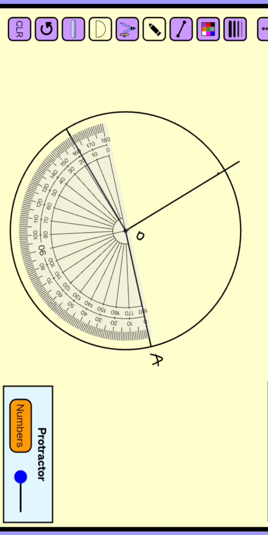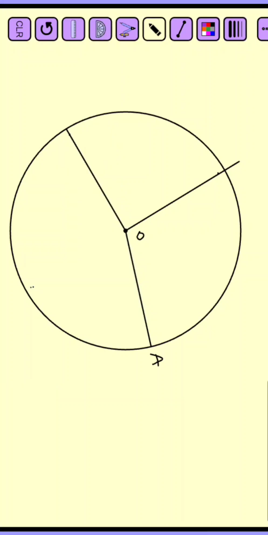So 72 is there. Now we are comparing with the OA line. Above is 0, can you observe? The down one is 180, above is 0. Always you have to start from 0. So where will you get 72? Here.